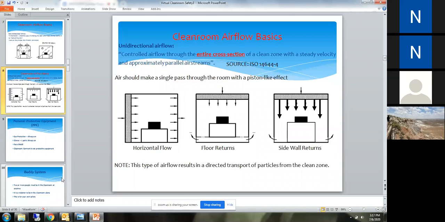And for this first one, the horizontal airflow, I would think places like NASA that deal with airplane hangars probably have this type of clean room with the horizontal flow, because at the end of the day, you don't want something to impede the airflow movement. Once that happens, that's where all your particles are going to congregate and go around in vortexes.